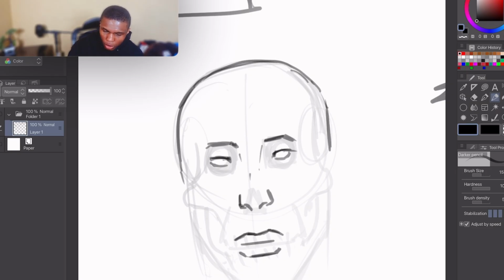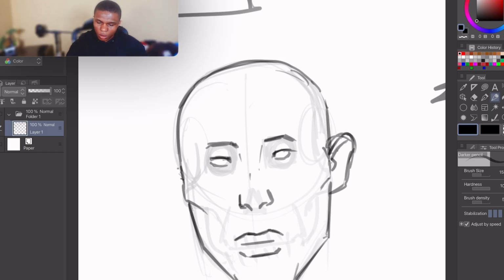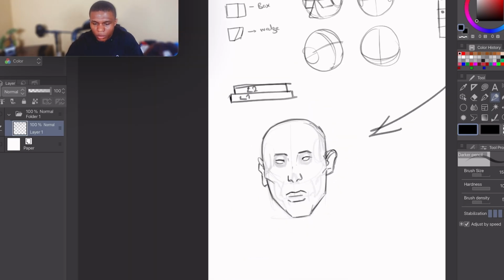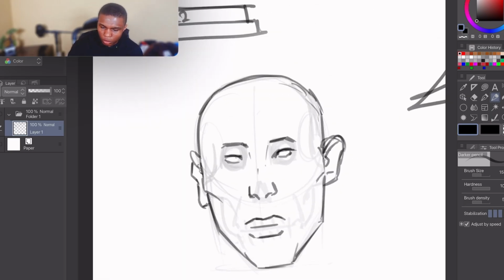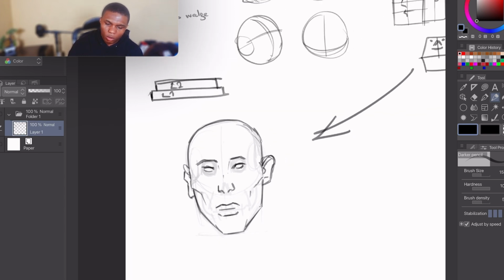And the proportions are going to be accurate in the process. Let's just put the ear here like this. That's better. Yeah, this is not a very good looking image, but you get what I mean. Because I have the basic structure of the skull in my head, I can work with this.